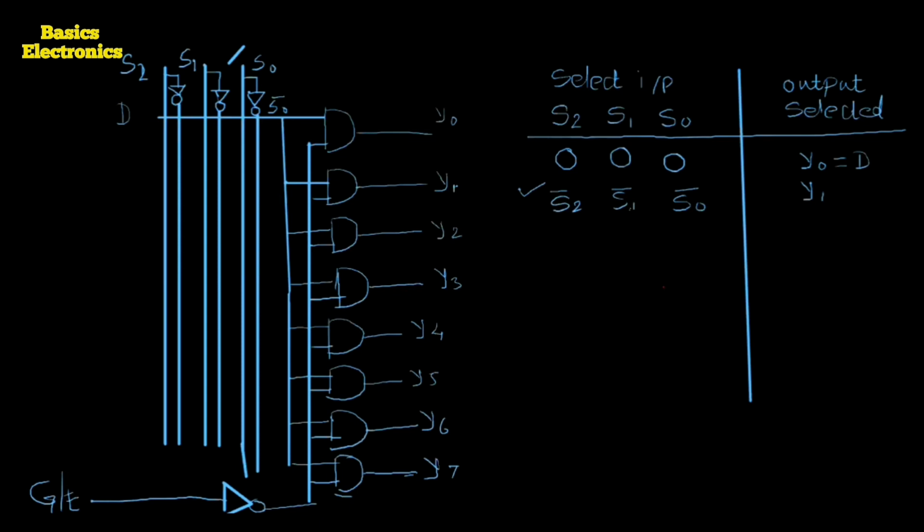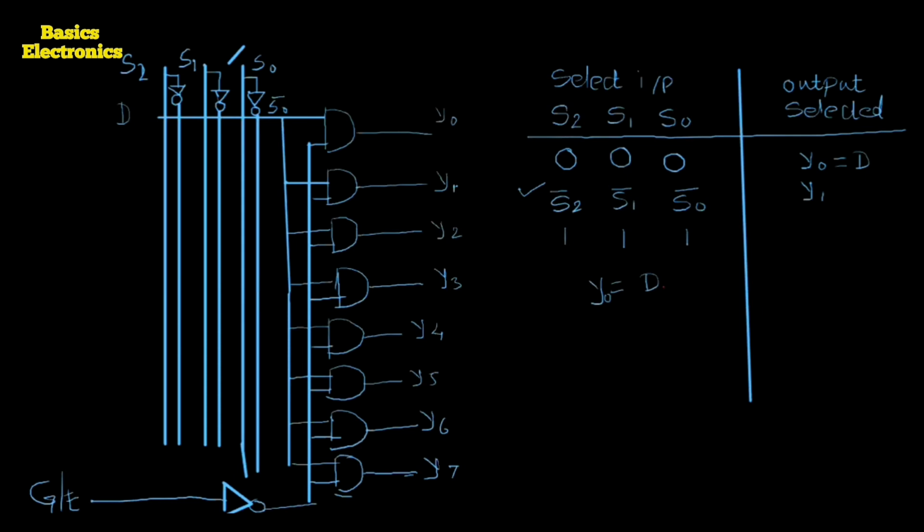Why do we apply this? Because when the select inputs S2, S1 and S0 are all equal to 0, at that time S2 bar equals 1, S1 bar is 1 and S0 bar is 1. So therefore here we get the output Y0 equal to the data input D. So here I am going to make the connections.